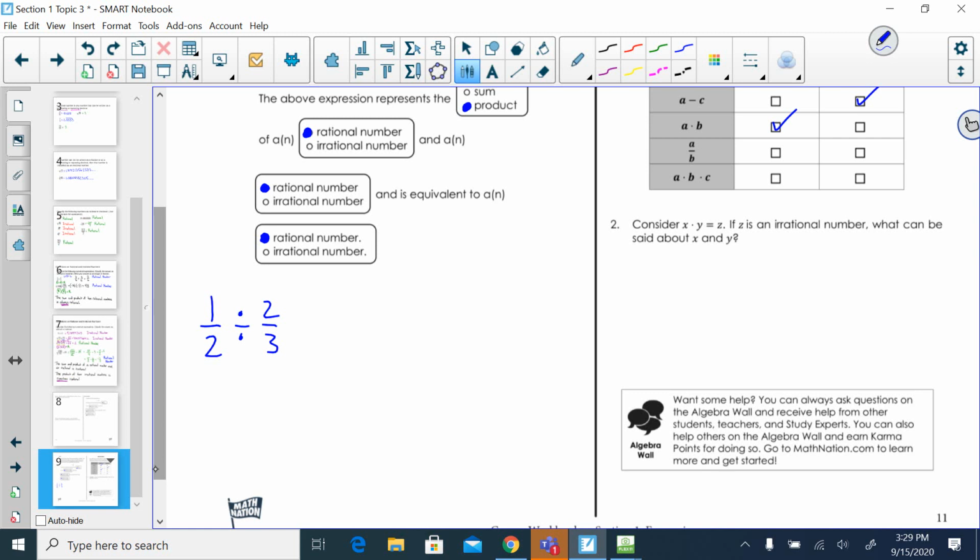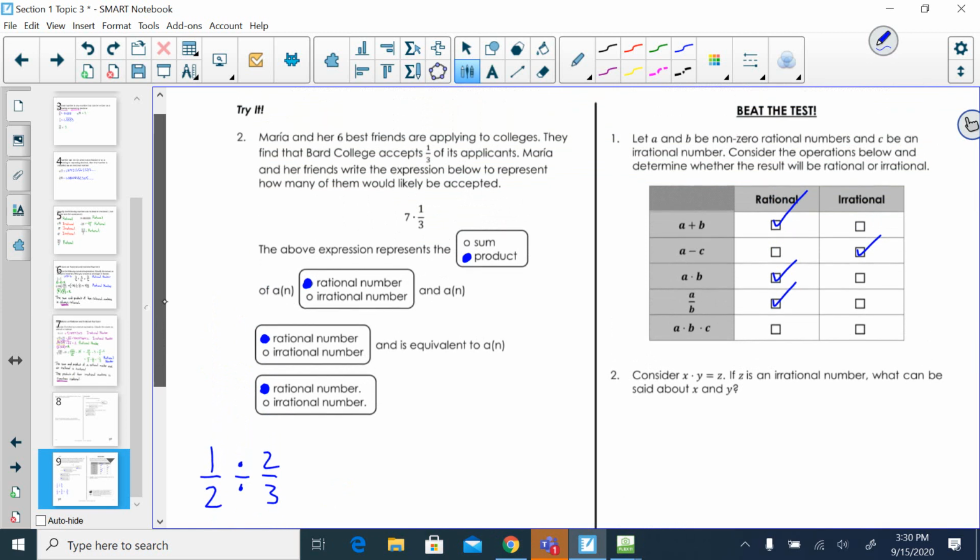You keep the first fraction the same, change the operation to multiplication, and then flip the second fraction. So this becomes 1/2 times 3/2. In that case, it becomes 3/4. 3 over 4, are both of those integers? Yes. And hence, those are integers that are being represented as fractions, so this is still a rational number. So in this case, A divided by B is a rational.